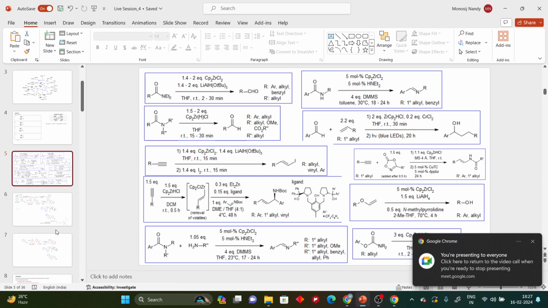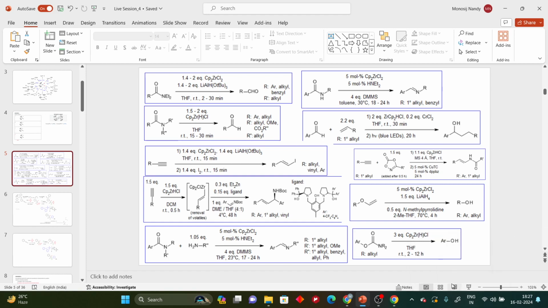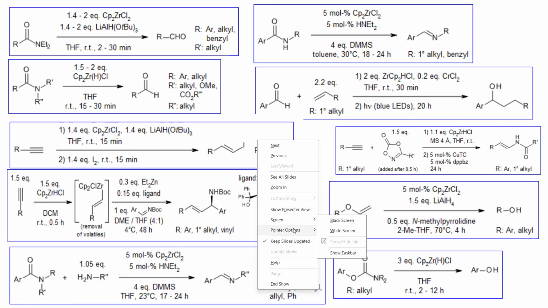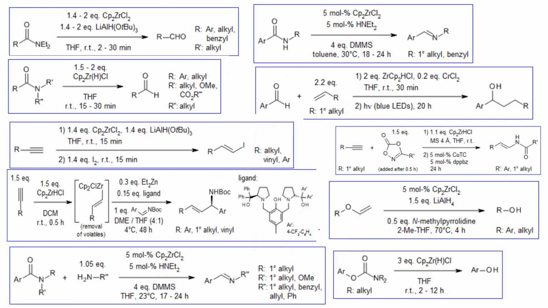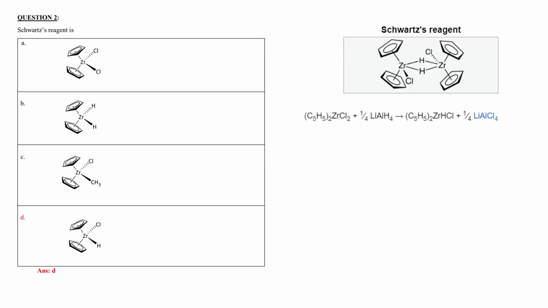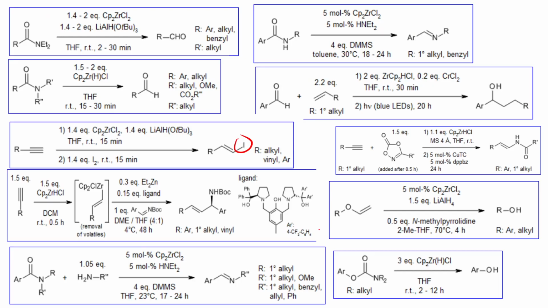So, we are discussing this reaction here: alkyne to alkene in the terminal position. Iodide or any halogen component you can incorporate using this particular source reagent.